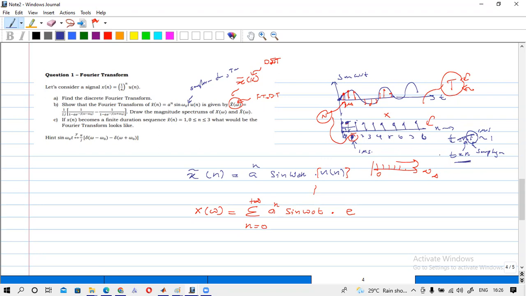There is no way to do otherwise. Do you have any suggestion? Anyway, we will apply and we will try to get this answer. If we can get this answer, we have to prove this.